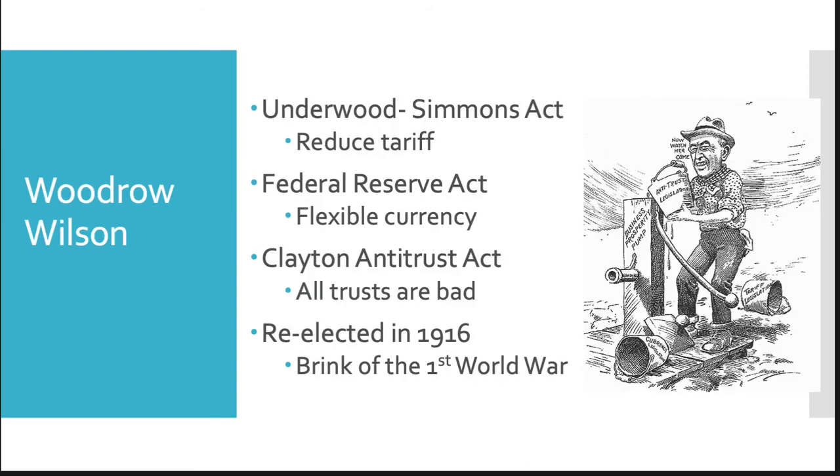Now, as president, Wilson is going to live up to his promises, and he is going to go after the tariff by passing the Underwood Simmons Act, which reduced the tariff. He is going to pass the Federal Reserve Act, allowing for a more flexible currency. The Federal Reserve actually controls the flow of money, the printing of money, the currency, the money supply in the United States.